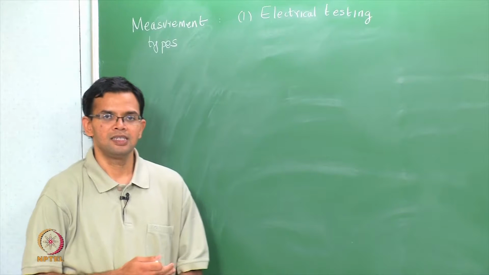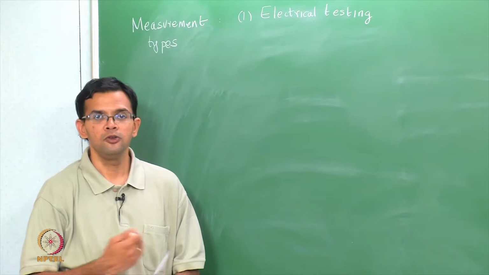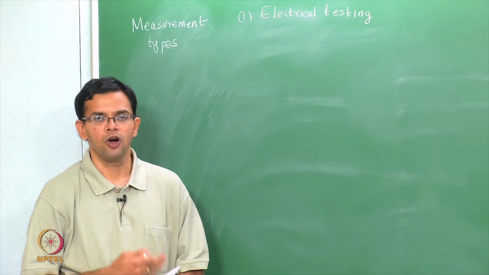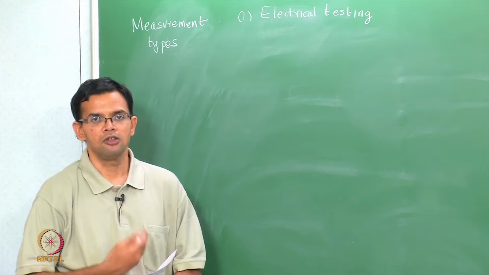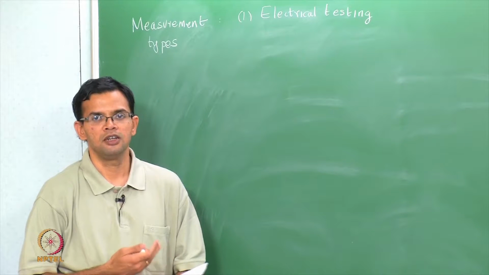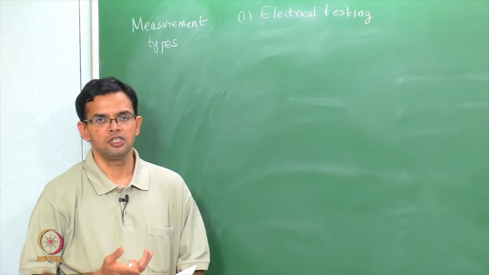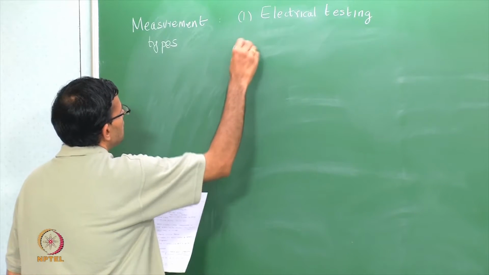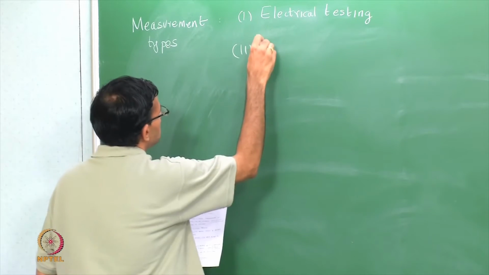Electrical testing is carried out not only during the process, but when the finished integrated circuit is formed. Electrical testing is also carried out to make sure that the device or the chip functions the way it is supposed to function. You also have measurements of physical parameters.